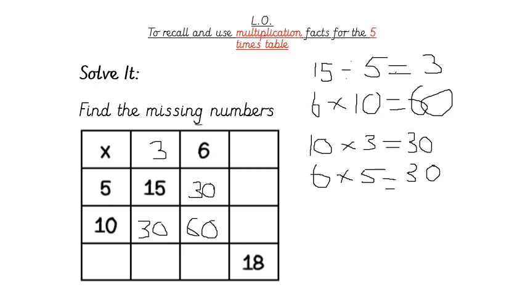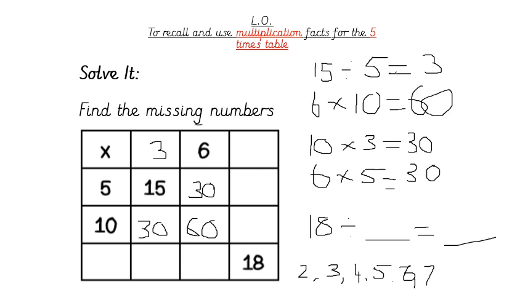But now you've got to work out 2 numbers. 18 is the answer, and we're doing a division sum. What 2 numbers can we divide that make 18? So you need to go through and start with your 2 times table. Does 2 divide into 18? Which it does. Start with your 3 times table. Does 3 divide into 18? And then you could go 4, 5, 6, 7, 8, and 9.